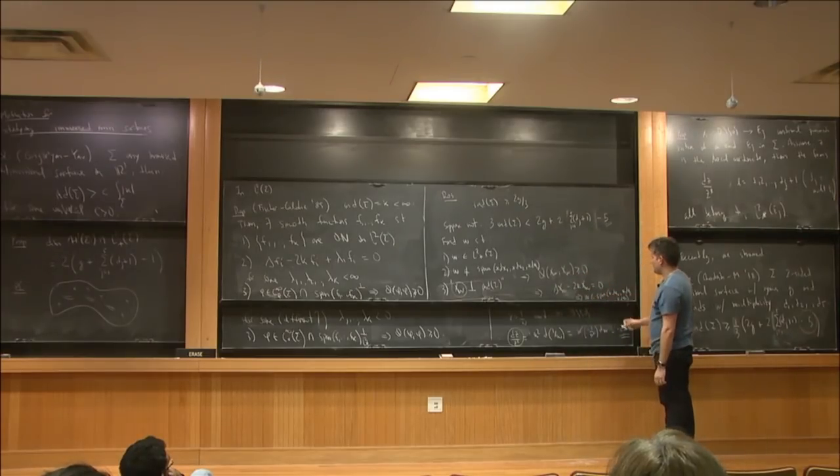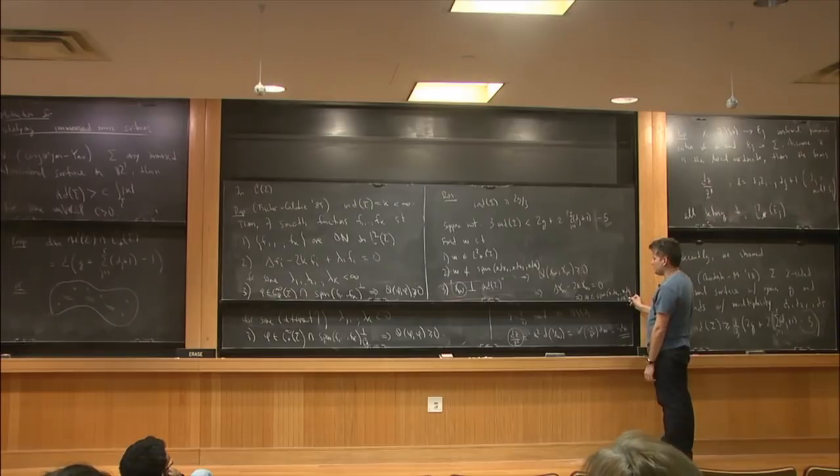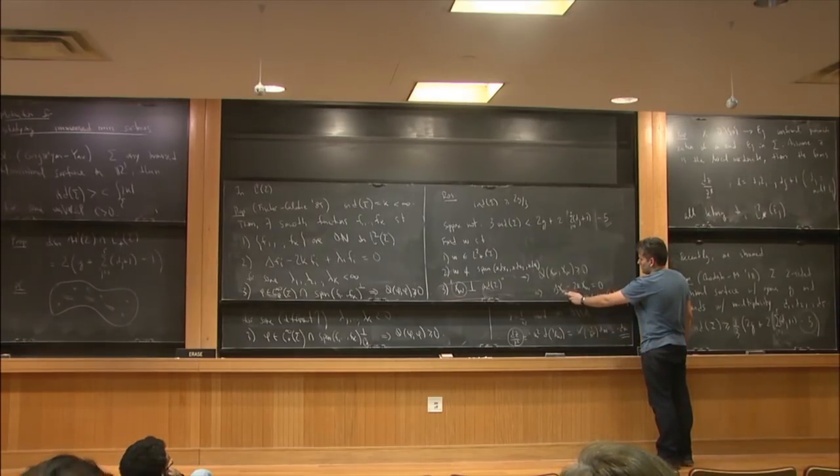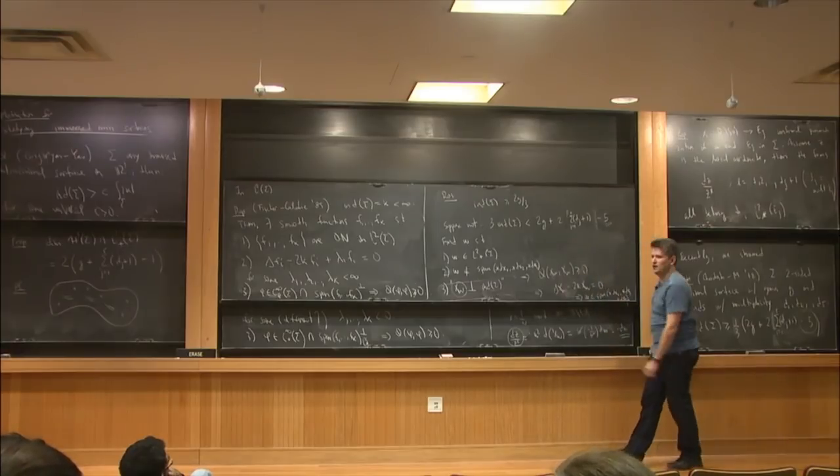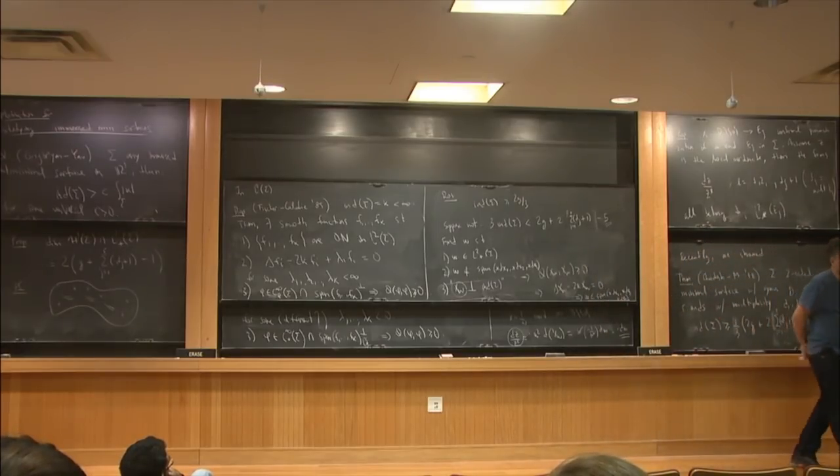But then when you get to here, you know that omega is in this span, by Ross' lemma. If I have a vector field x omega such that this happens, then the form has to be in this span. But this is a contradiction because I already removed those guys from the count. Okay.